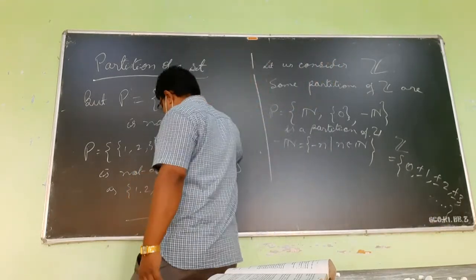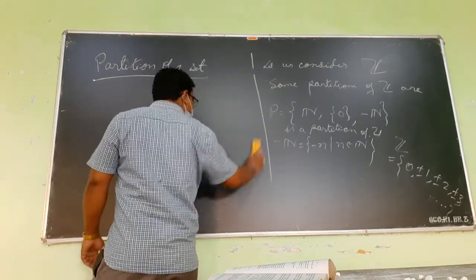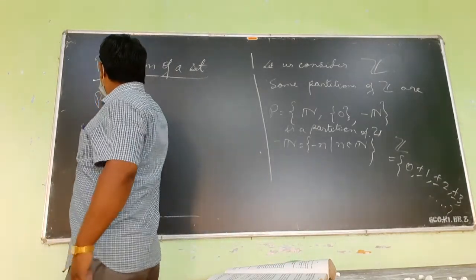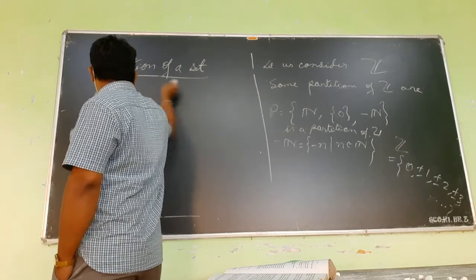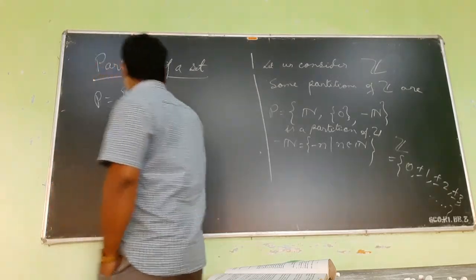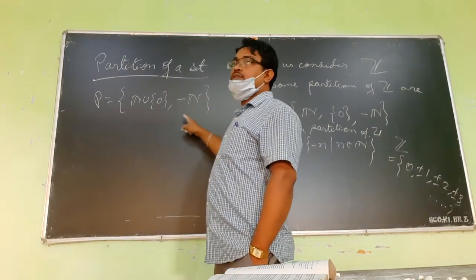Some more partitions of Z. Set of whole numbers, including 0, and minus N. So, N union {0}, together with minus N. This is also a partition.